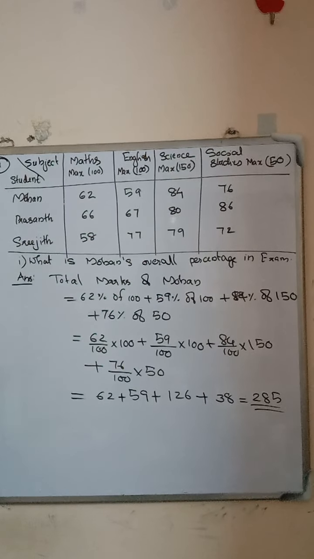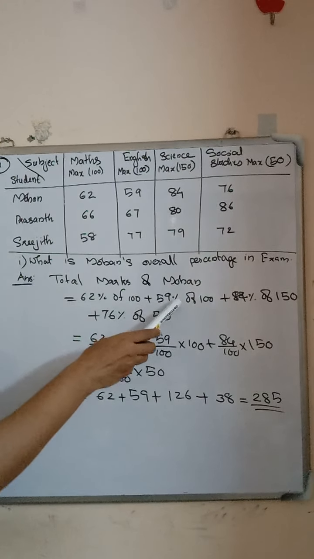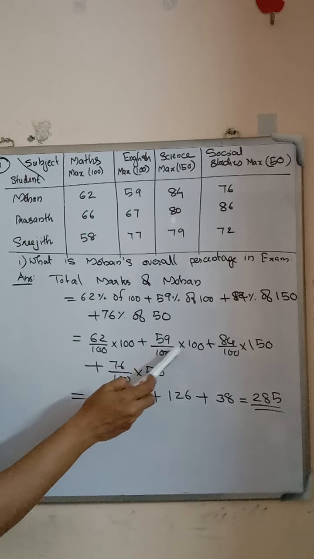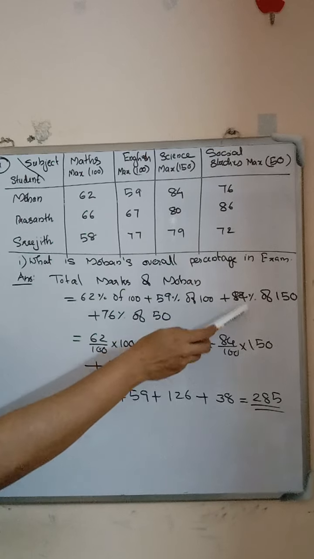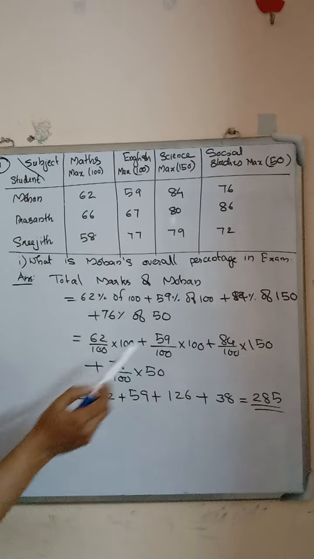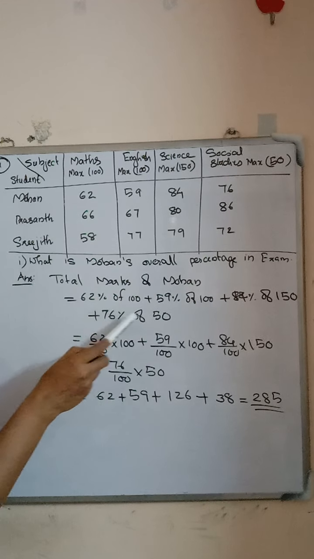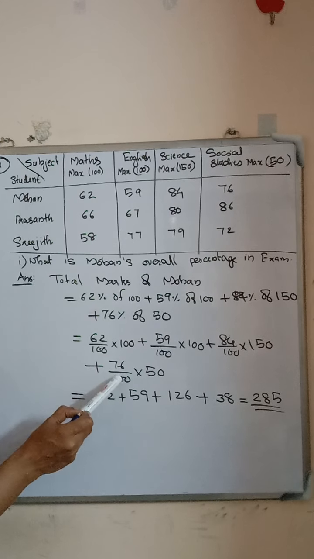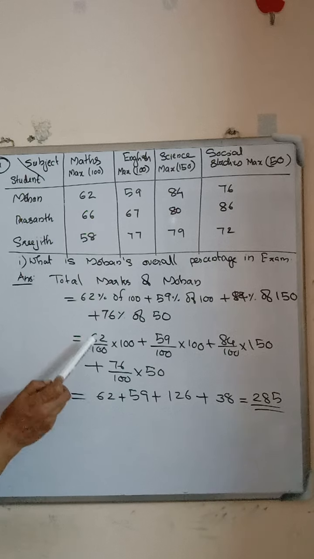Also, we know that 62% of 100 is 62 by 100 into 100, 59% of 100 is 59 by 100 into 100, 84% of 150 is 84 by 100 into 150, plus 76% of 50 is 76 by 100 into 50.